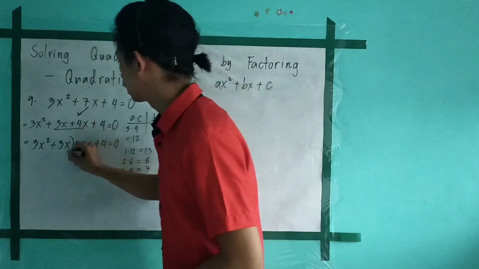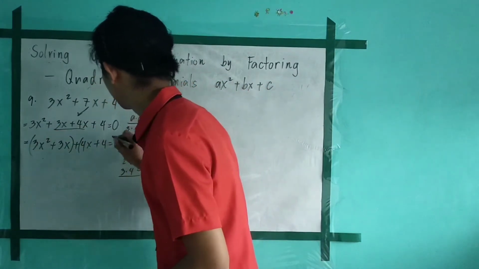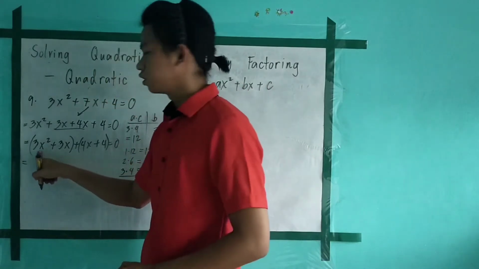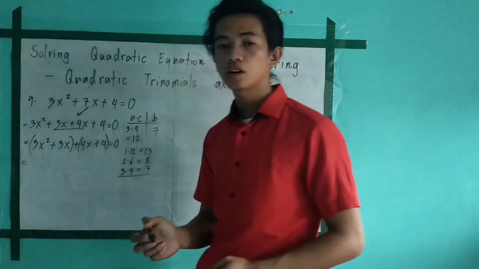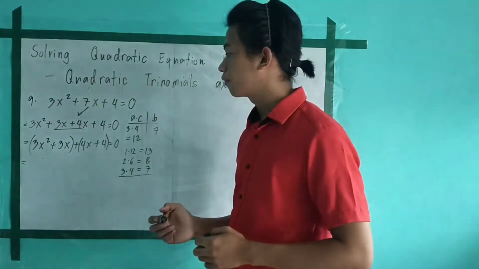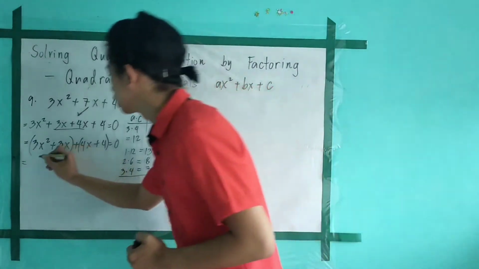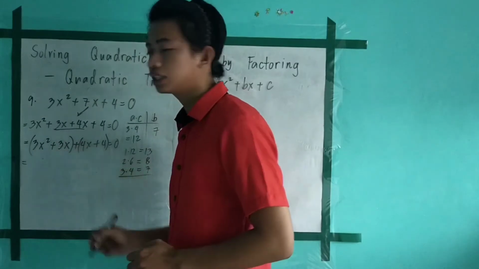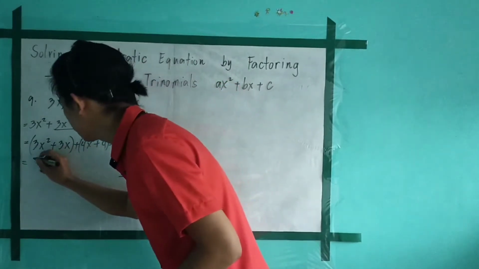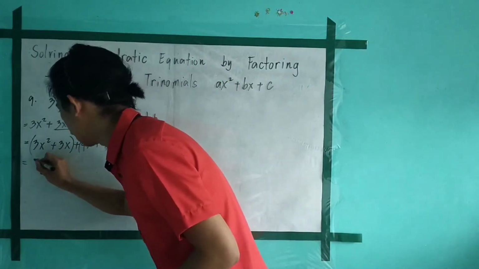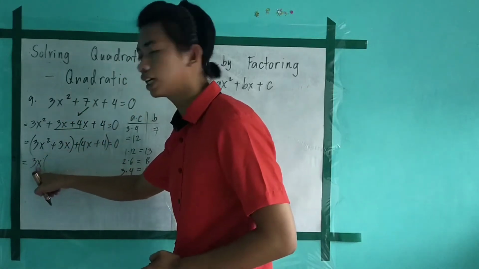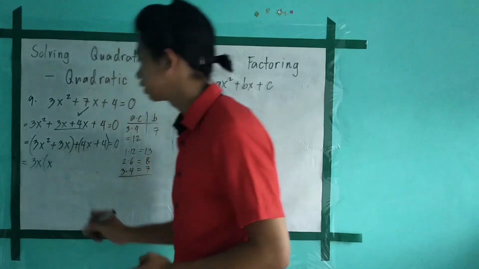So, i-group natin siya. Then, yung sa loob ng parenthesis natin, meron ng common monomial factor or the GCF. So, magkakaroon tayo ng, anong GCF natin dito? 3x squared plus 3x. Our GCF is 3x. So, 3x, divide its term by 3x: 3x squared divided by 3x, we have x.